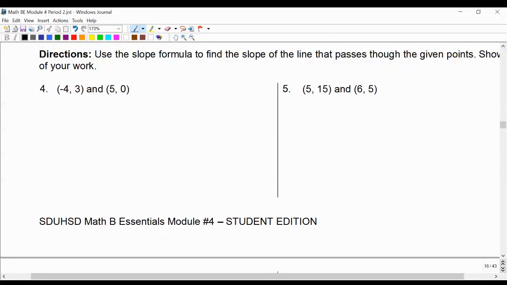Okay, so the steps are, step one, I'm going to label my points. I would do more steps at the beginning and then later eliminate some steps, but I would do all of those. The next thing is I'm going to write out my formula just like it's written in the example above without any adjustments.